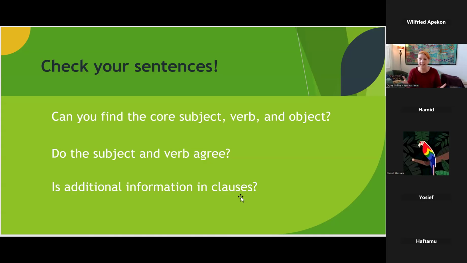If it's plural, make sure you've got the right verb form. And is all of your additional information in clauses, or in full sentences with a conjunction linking them? That's how you can scan. Just the way we scanned these to find all of these parts, that's how you can pull apart your own grammar to check it.